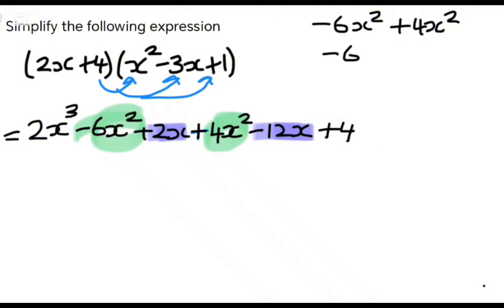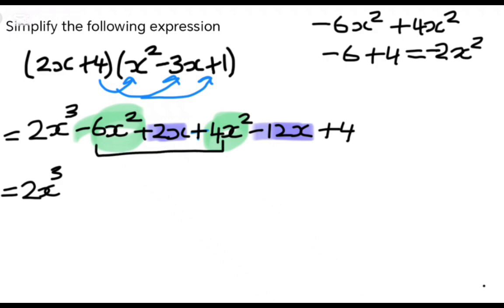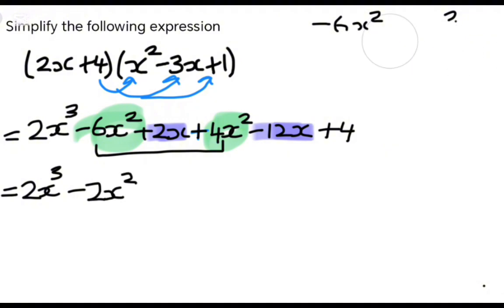So this is the same as negative 6 plus 4, which you're just going to punch on your calculator. Negative 6 plus 4, which gives you negative 2. But write the coefficient that is there, which is x squared. So here we're going to have 2x cubed. This one does not have any like term. So when we add these two, we get negative 2x squared.